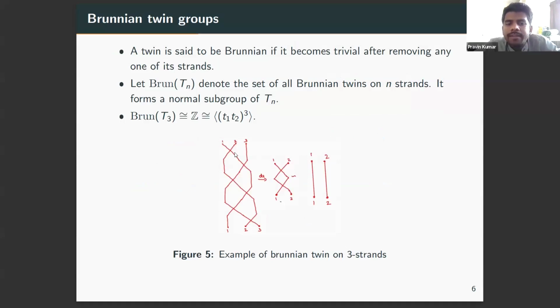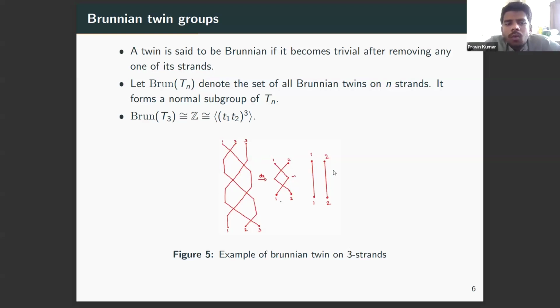If I remove any strand, for example the third strand, I get the picture in the middle, and then I can apply a homotopy to make it trivial, with no crossings. It turns out that this Brunnian T3 is isomorphic to Z, generated by the element which we read as (T1 T2) whole cube.